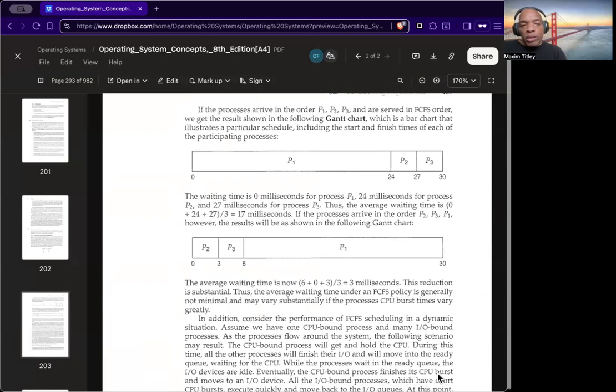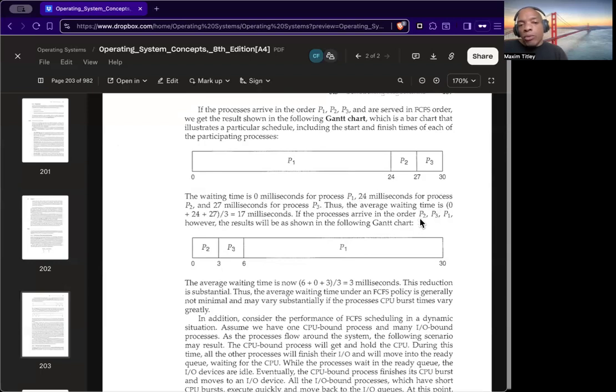Now, the average waiting time for a process would be quite large. The waiting time is 0 milliseconds for process one, but 24 for process two and 27 for process three. So the average waiting time is going to be 24 plus 27 over 3, which is 51 over 3, which is 17 milliseconds.